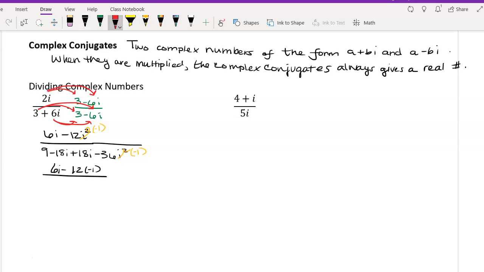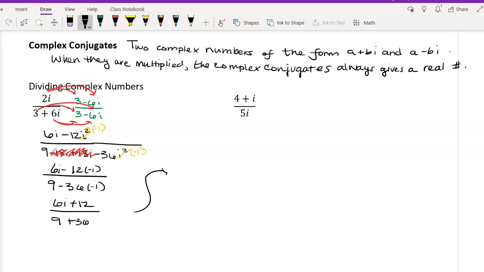But when I take a look at the denominator, I have 9 minus 18i plus 18i, so these middle terms are going to cancel out. And here's a trick: it's always going to cancel out, and that's the beauty of a complex conjugate. So now I'm just left with 9 minus 36 times negative 1. When we simplify this further, we have 6i plus 12, because negative 12 times negative 1 is positive 12, and then 9 plus 36.